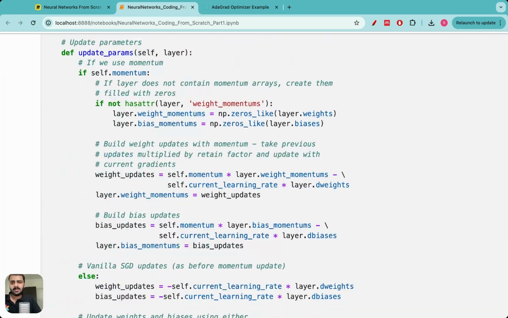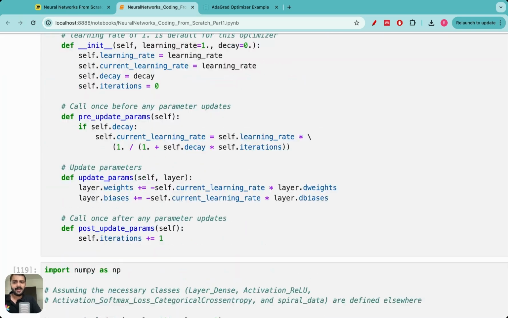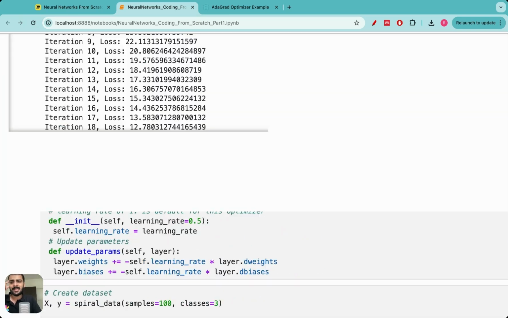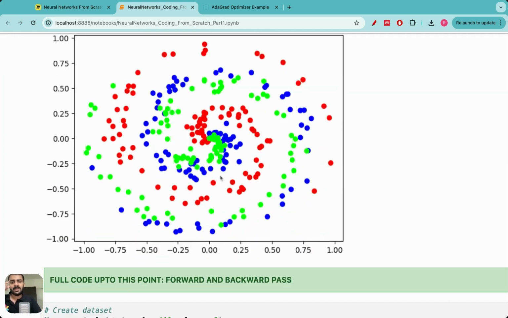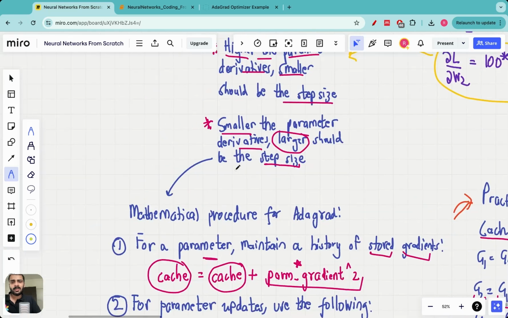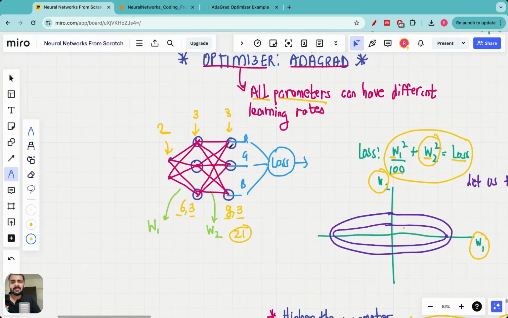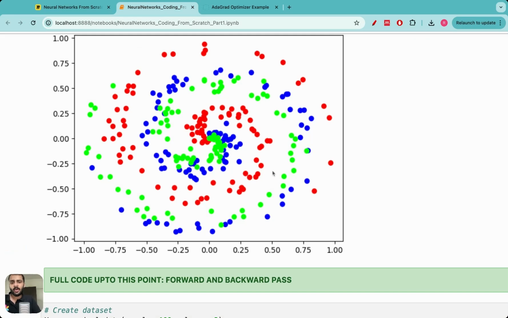Before jumping to the ADAGRAD optimizer, let me show you the data set which we are using in our example. So this is the data set. Every point on this data set has two attributes, x1 and x2, and it belongs to one of three classes: red, green or blue. Our goal is to design a neural network which looks something like this, to classify correctly which color a point belongs to.